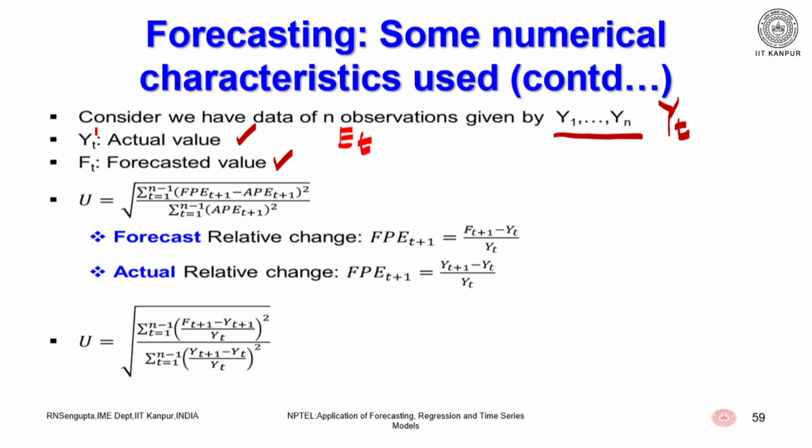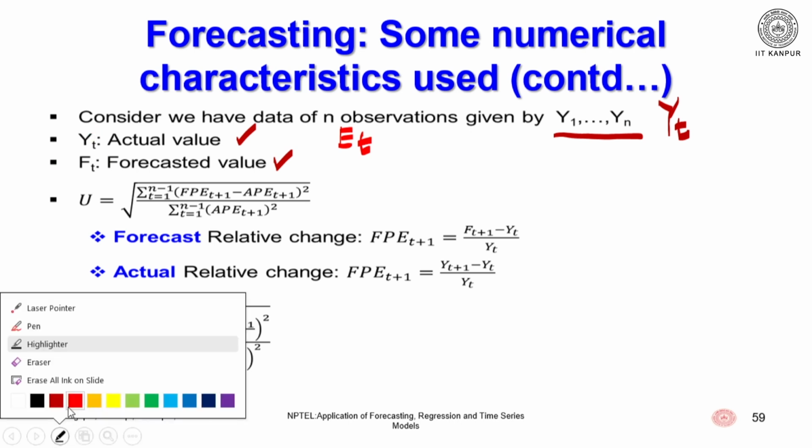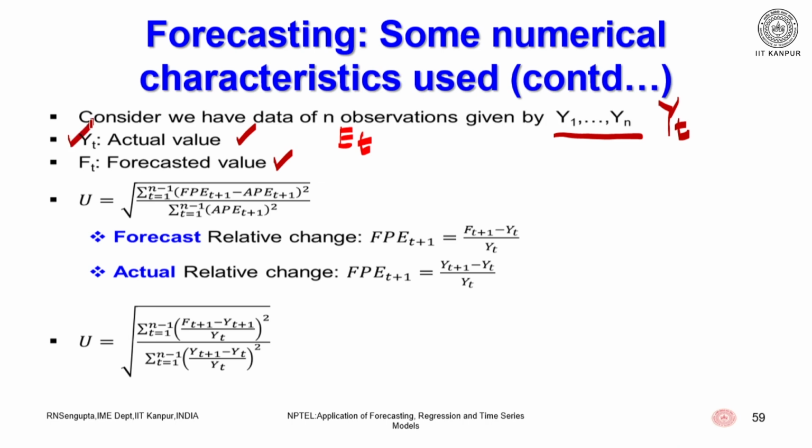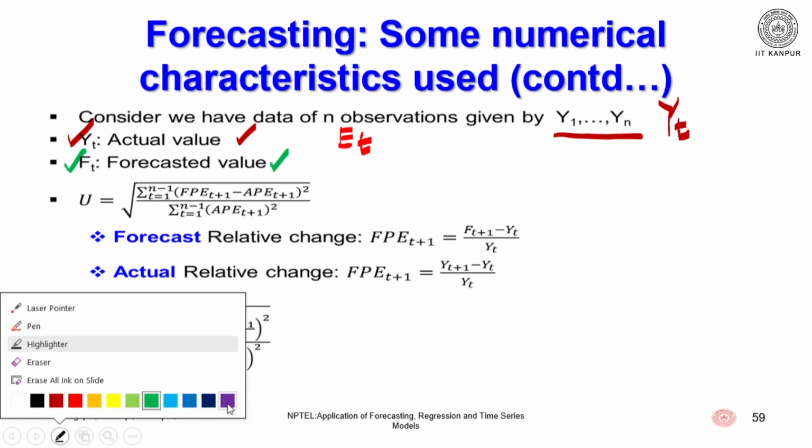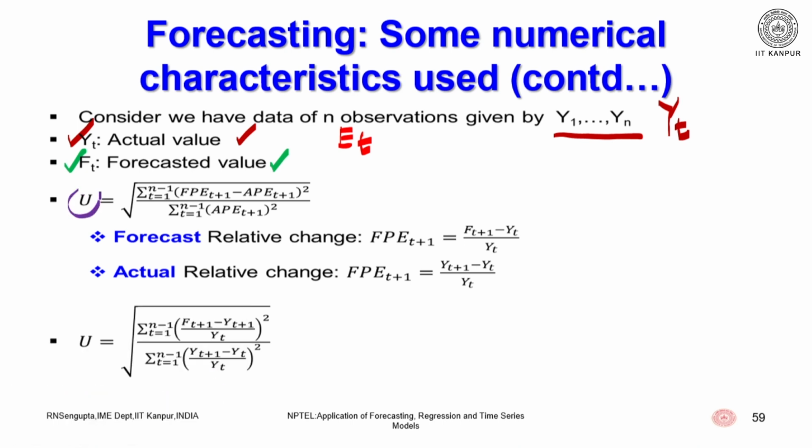And the U statistics is being utilized, for which I will use the color violet. So U is the U statistics, and what is it?